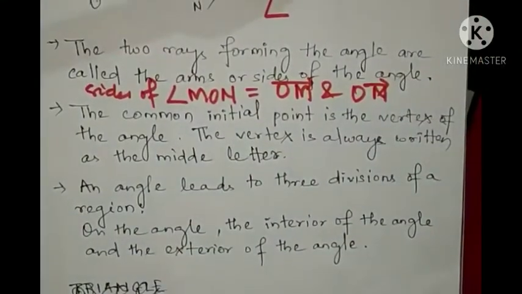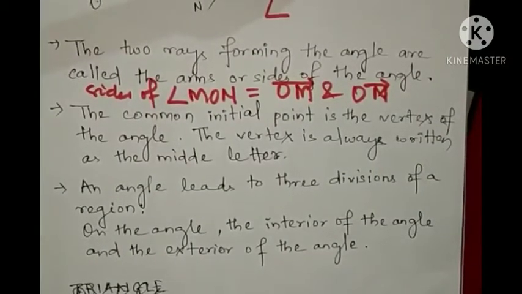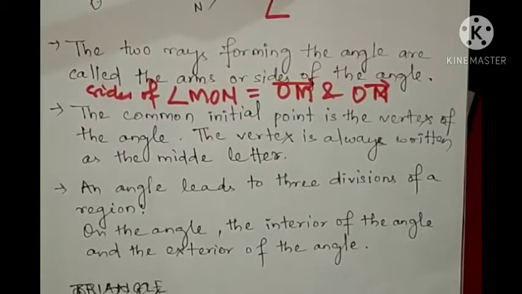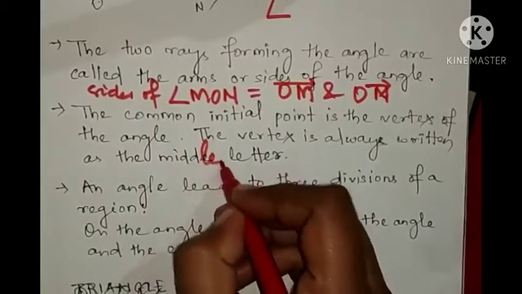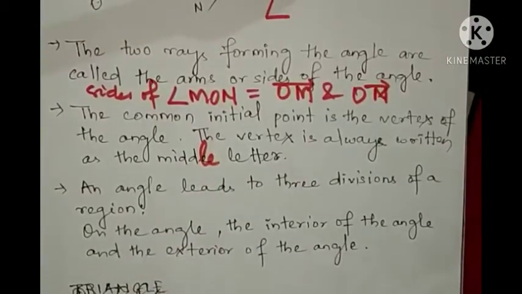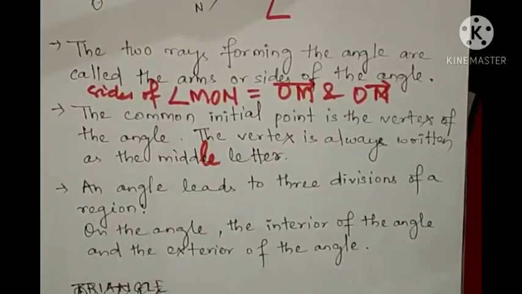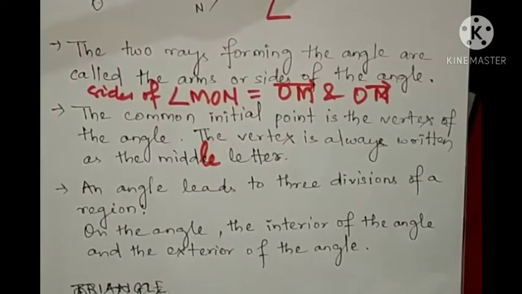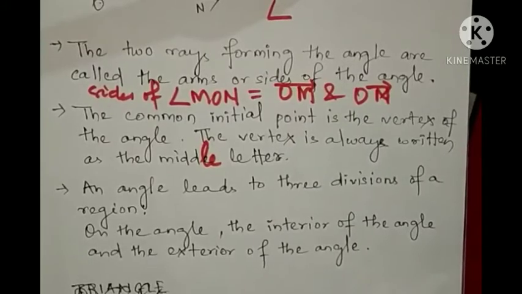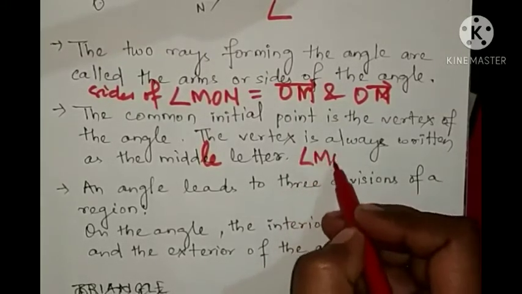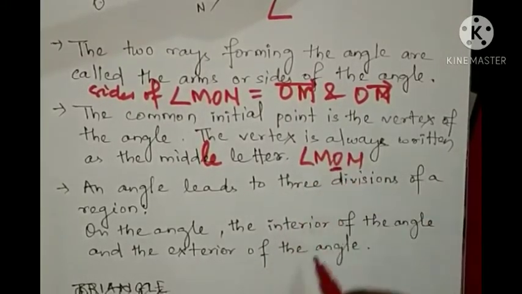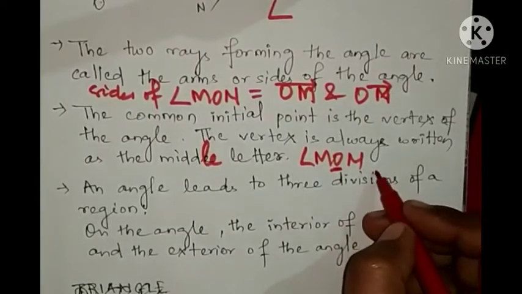Next you see, the common initial point is the vertex of the angle, and the vertex is always written as the middle letter. If you are writing angle MON, the middle letter is the vertex of the angle.